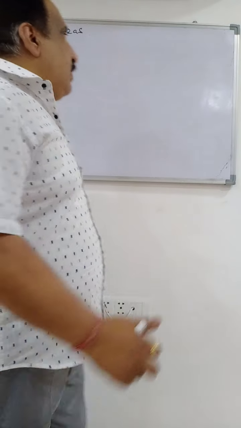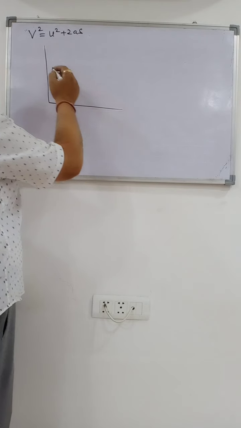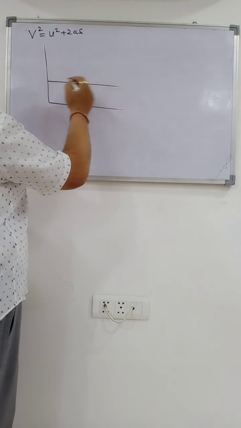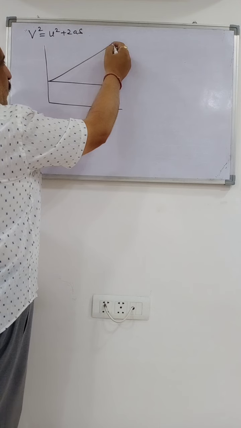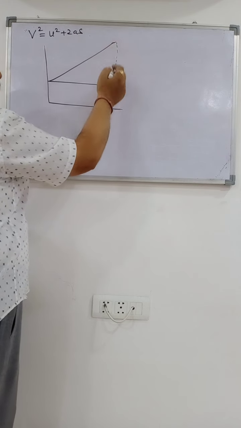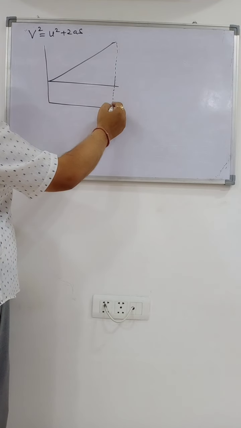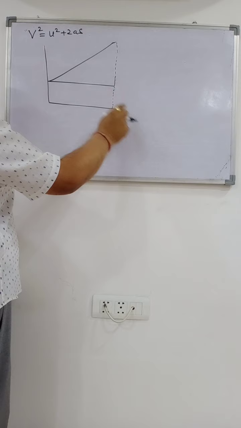We'll have to start with the same graph. We will start the same graph again. Please look, this was the curve we made. This is the curve. Same graph, beta. This is the perpendicular drawn.